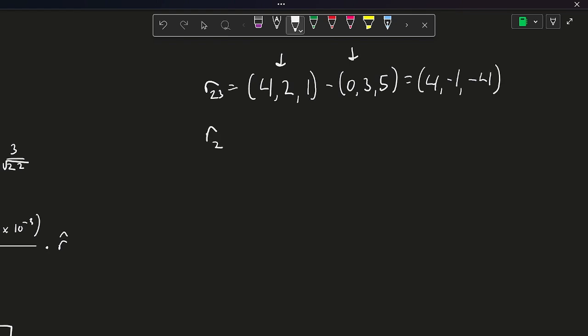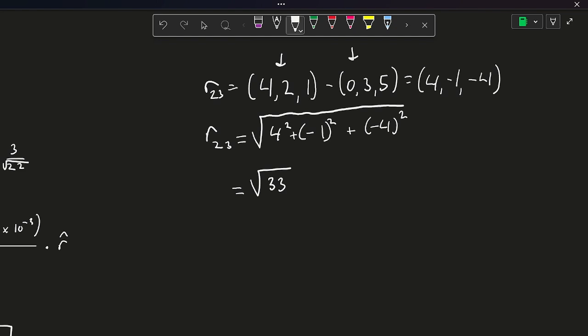The distance, again, we're going to take the square root of 4 squared, negative 1 squared, and negative 4 squared. Computing that, we're going to get the square root of 33. Once again, we're going to plug this into Coulomb's law.